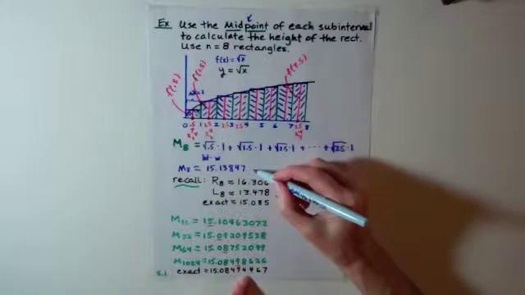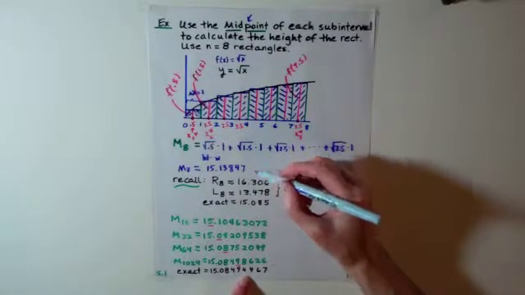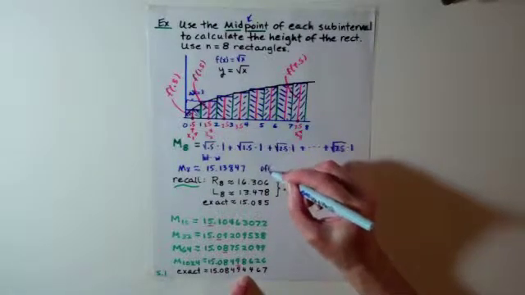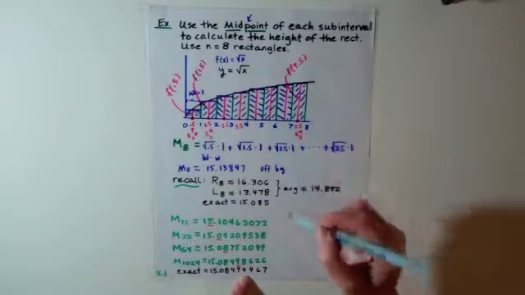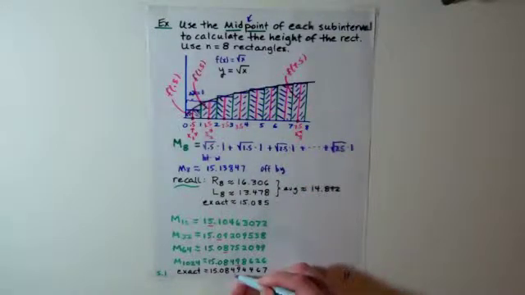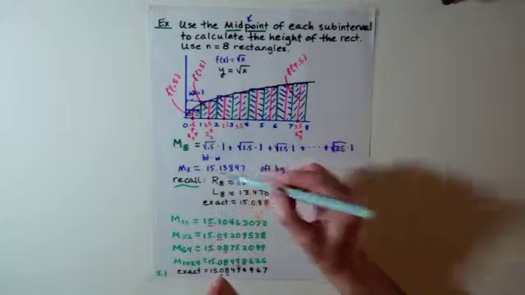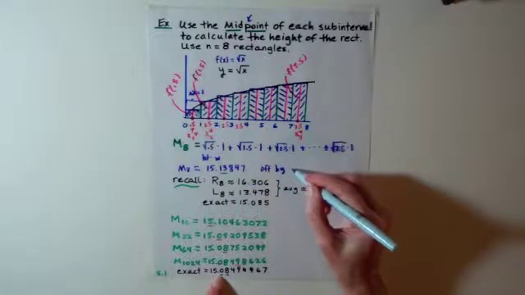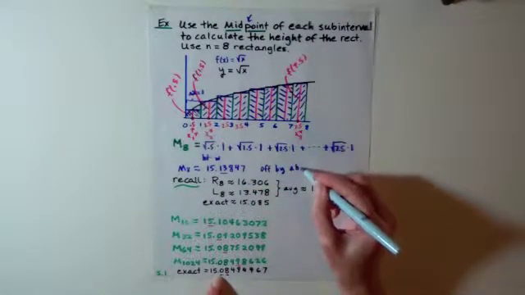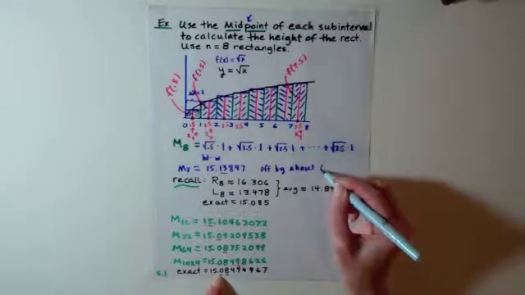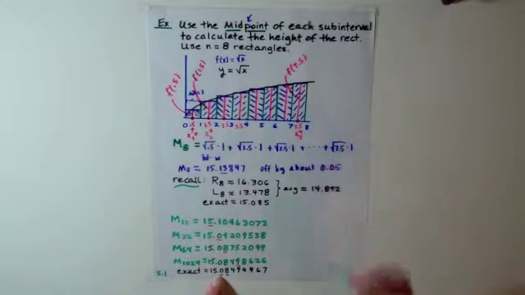This M sub 8 is off by, not very much. It looks like it's off in the tenths and hundredths decimal place, but not by very much. It's only off by about 0.05. So that's actually pretty good.